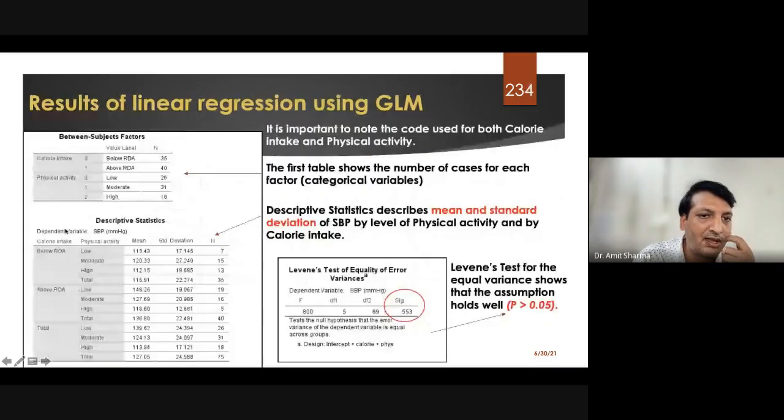Here we have only 3 codes under physical activity and only 2 codes under calorie intake. But it is possible that when you apply the GLM in your research work, you will have more than 15 or more than 18 categories. So it is very difficult to remember.